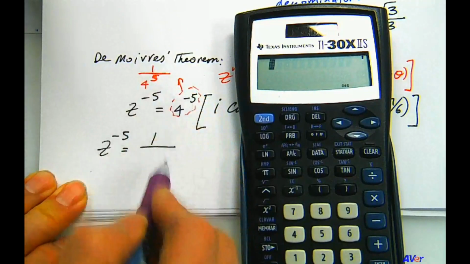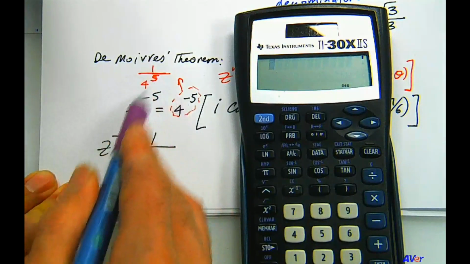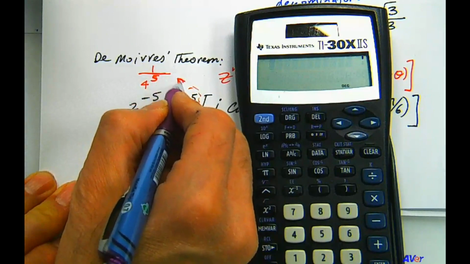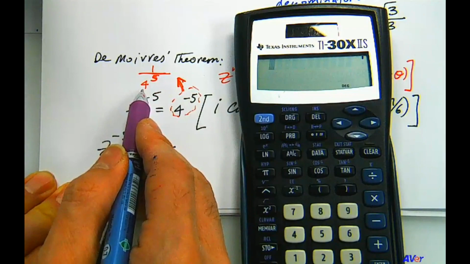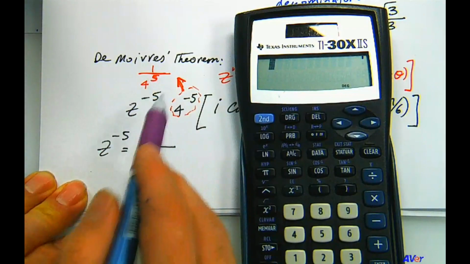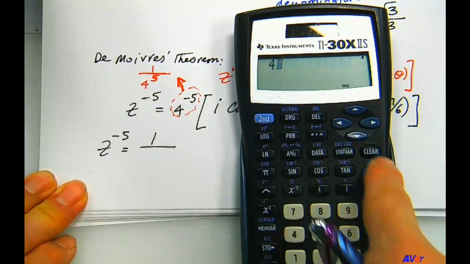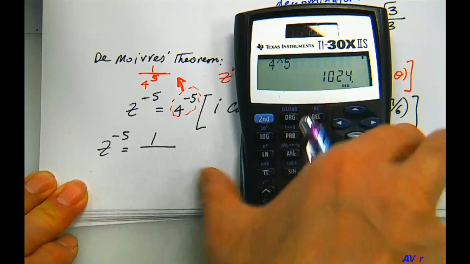You can put this in the denominator and change the power to positive, like I did. This is the same thing as 1 over 4 to the 5th power. So let's find 4 to the 5th power, using the caret key there. 1024.